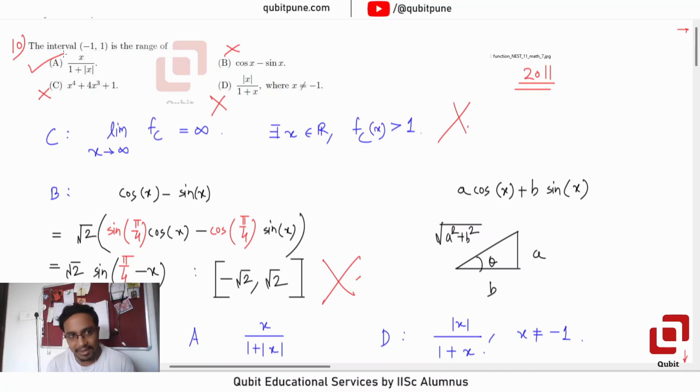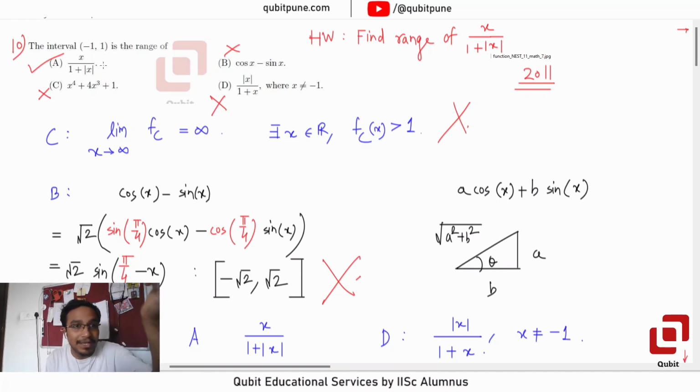I have one more homework for you: find the range of x upon 1 plus mod x. Try doing that. Let's see if you can solve it.